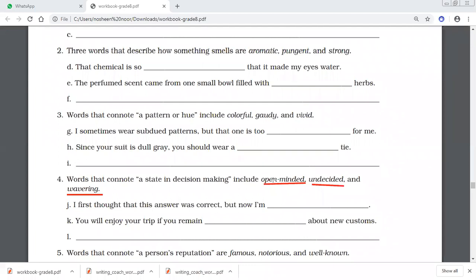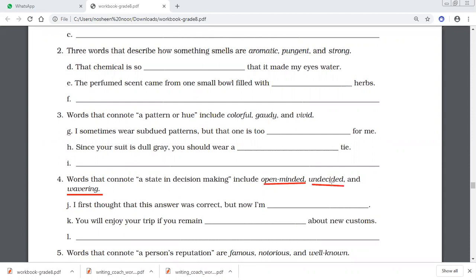He is not judgmental. He doesn't judge. He accepts what he sees around, or what he listens to, or the customs around him. So someone who's open-minded is not having a hard time making a decision.